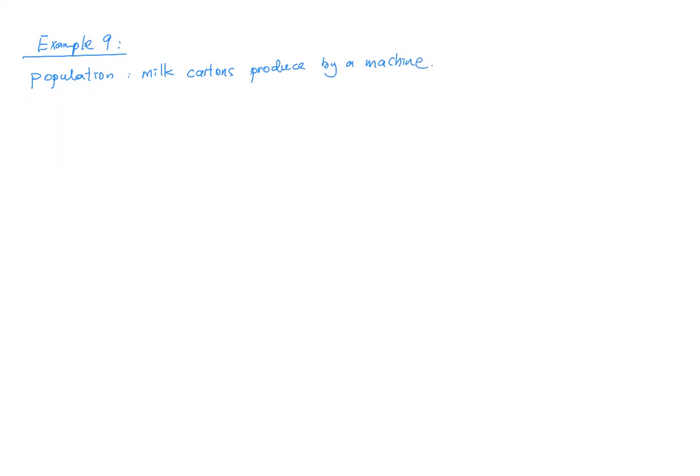So what is the parameter of our interest? Parameter of interest is the volume of the milk in the carton. Okay, good.